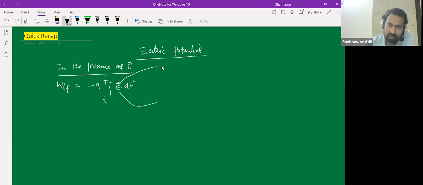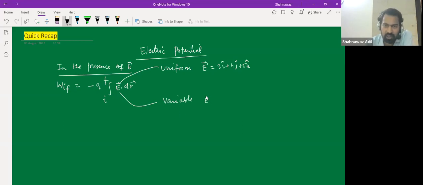So this can be uniform, just like this one, let's say i plus 4j plus 5k. So this is one kind of electric field. Now there is another kind of electric field which would be non-uniform.